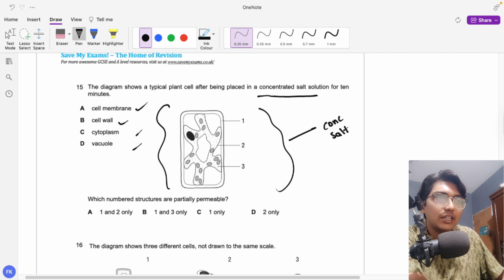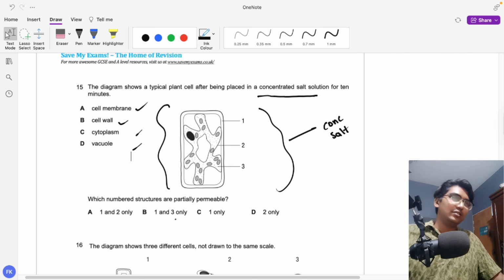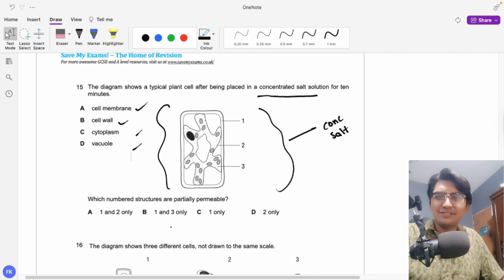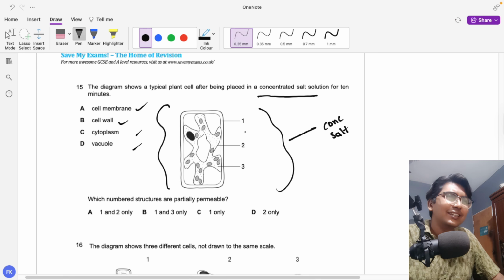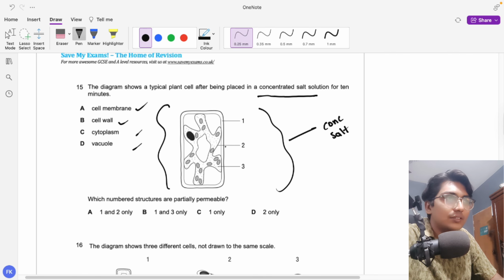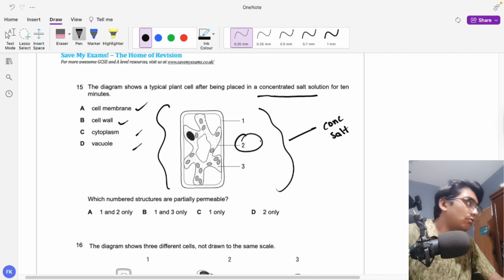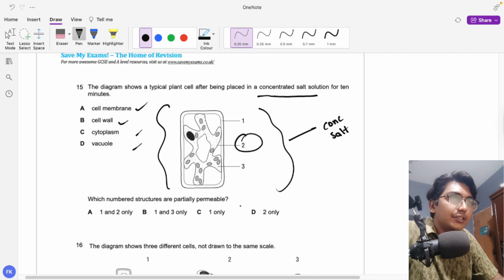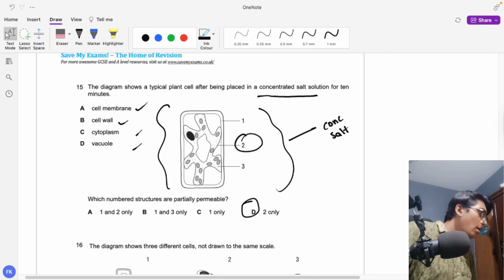Which structure is partially permeable? That is a very weird question, but it's fine. So you can see after 10 minutes, this is the final image of the plant cell. So which structure is partially permeable? Cell membrane, which is 2, and it is the only answer, D.